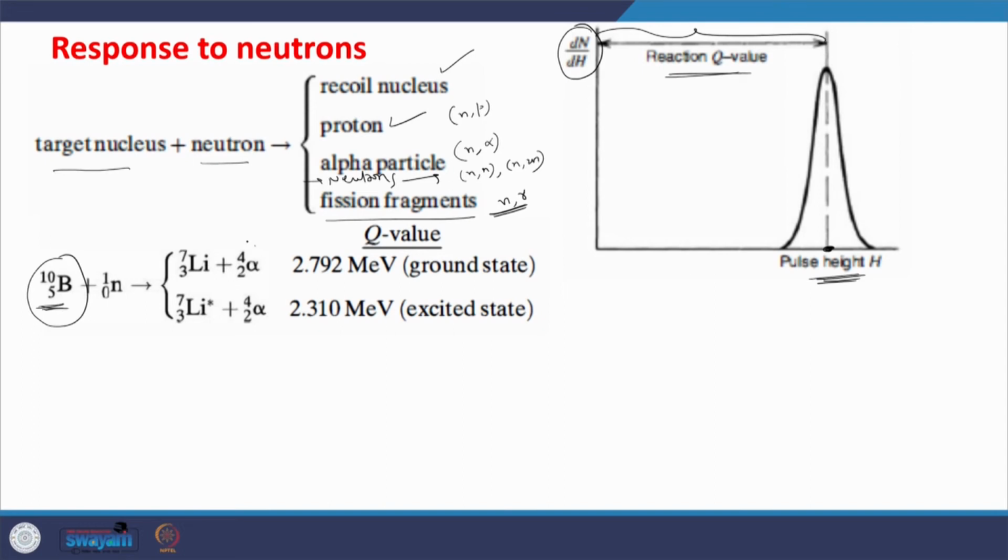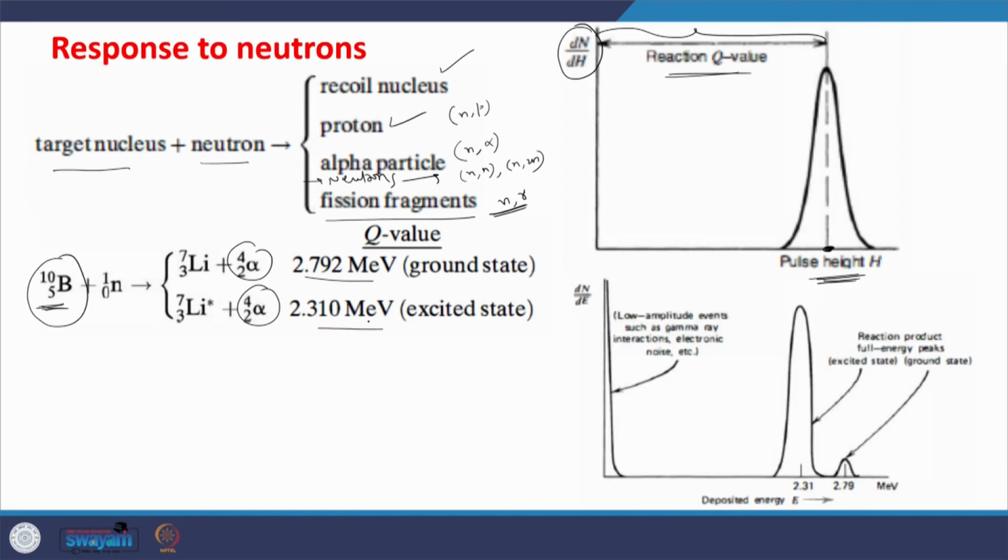It gives alpha particles of two different energies, and you detect these alpha particles. So, you can see here 2.31 and you can see 2.792.